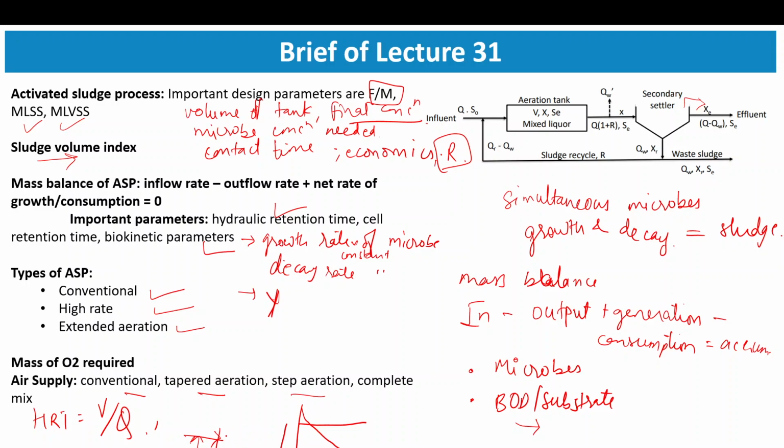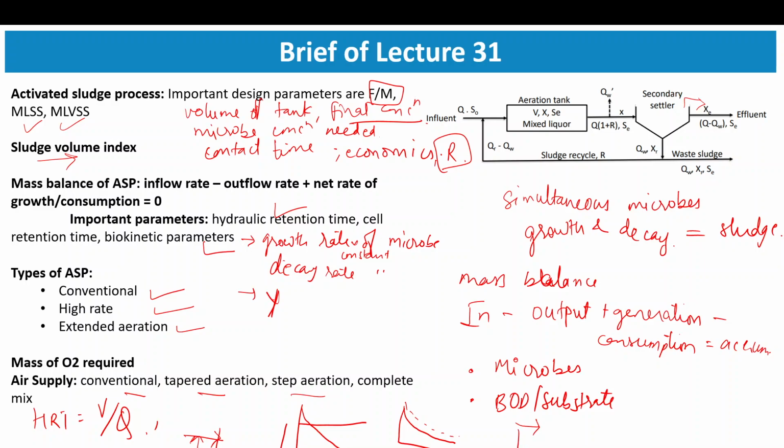This is because here it will be more, and if the BOD goes on reducing, then the oxygen requirement will decrease. So for that, tapered aeration is, instead of constant supply of oxygen, if this is the oxygen requirement, we have this type of oxygen supply.